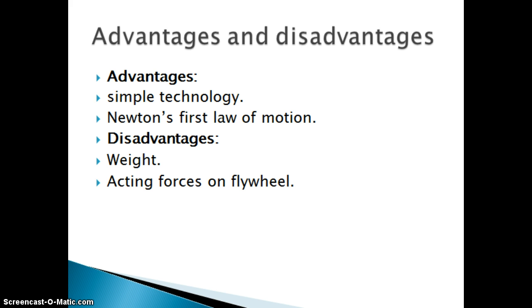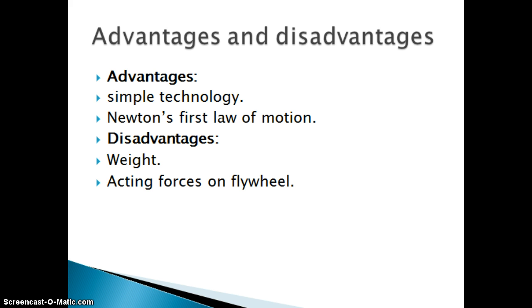The second advantage is Newton's first law of motion. This law says that a moving object will tend to keep moving until some force stops it. A flywheel will eventually stop due to friction. But why is this an advantage?